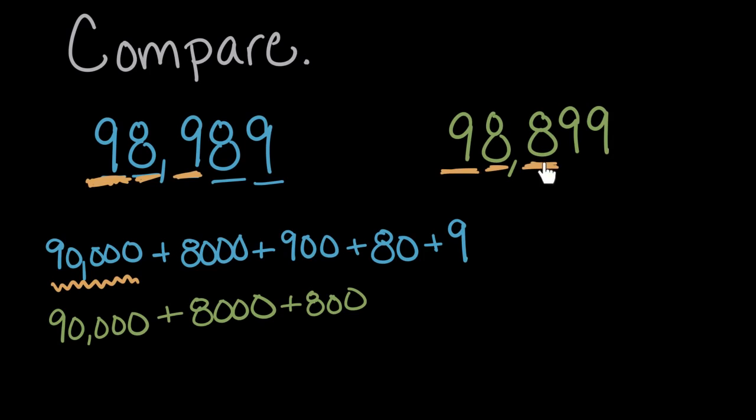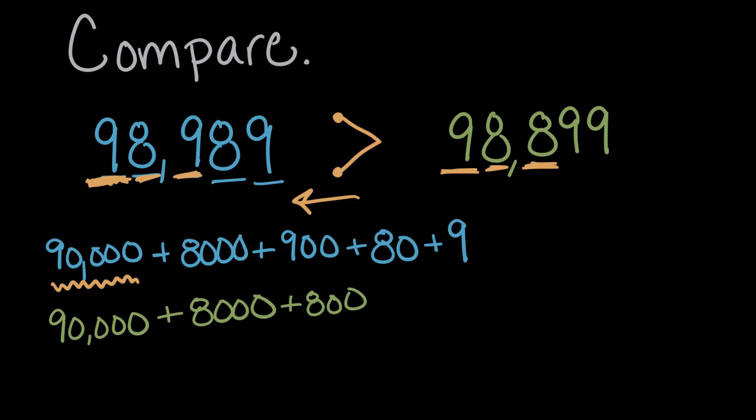So 800s is less than 900s, so this number on the right is less than the number on the left. Or we could say that 900 is greater than 800, so the number on the left is greater. And this is our greater than symbol because we want the open side to be facing the larger number.